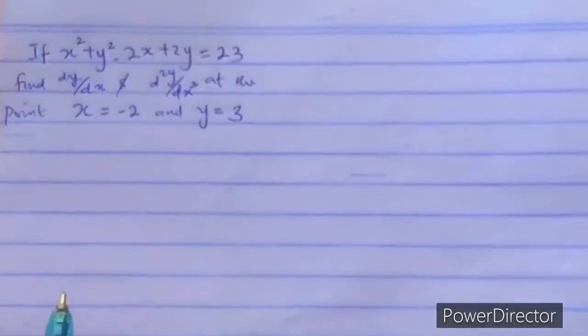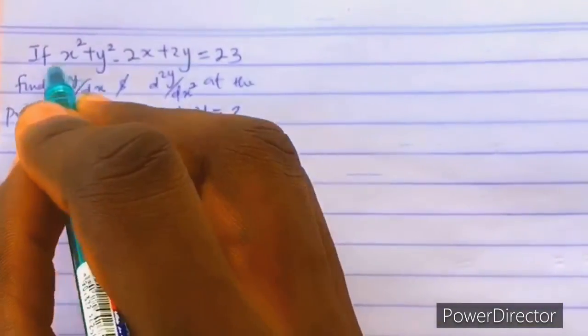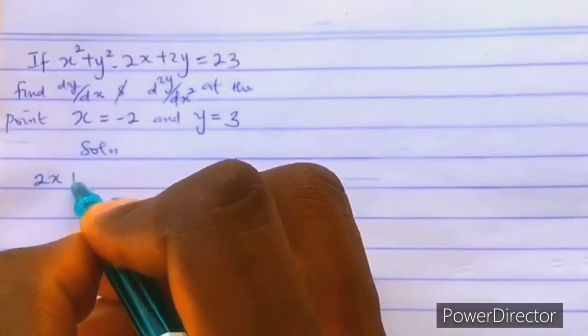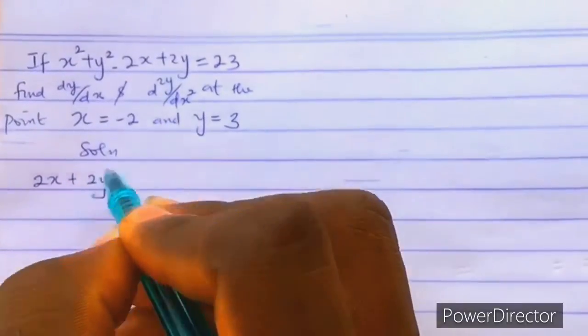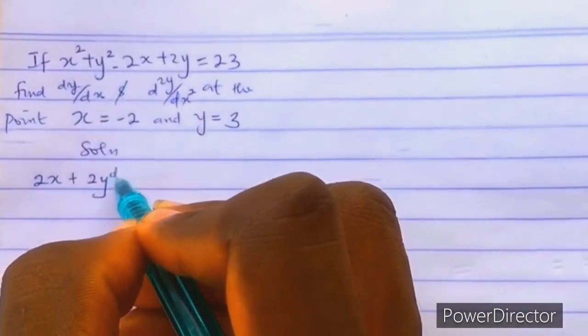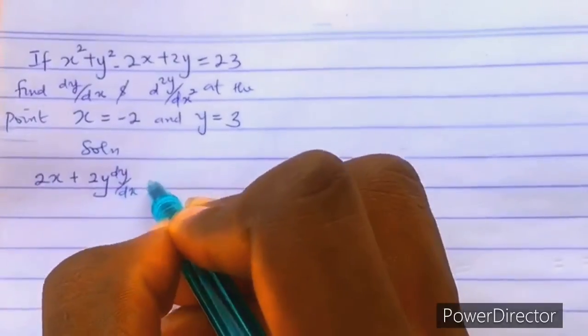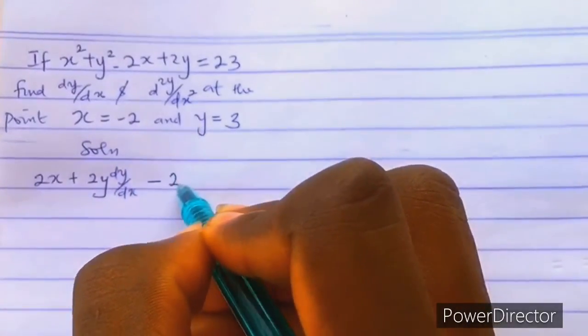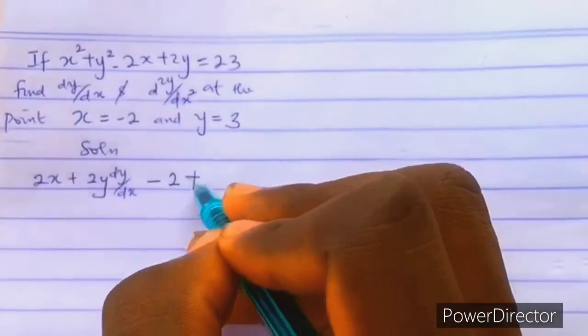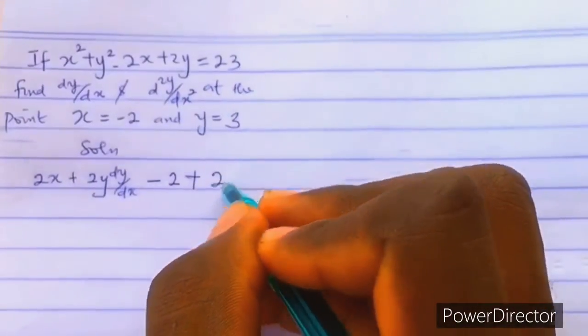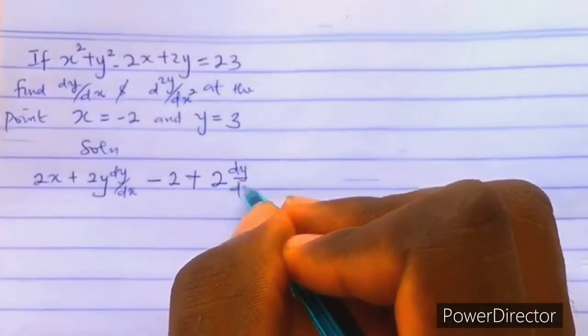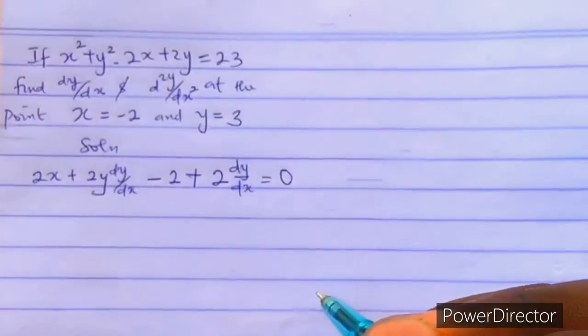Now from here, let's just differentiate this. That will be 2x plus 2, when I differentiate with respect to x, that will be 2y dy/dx minus 2, and when I differentiate these two, that will be 2 dy/dx equals 0.